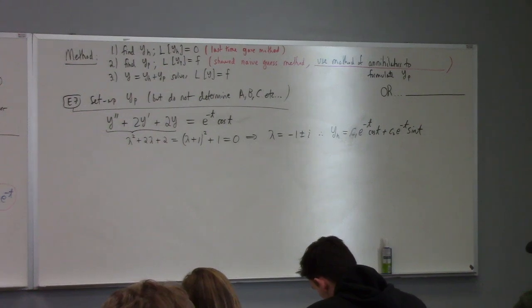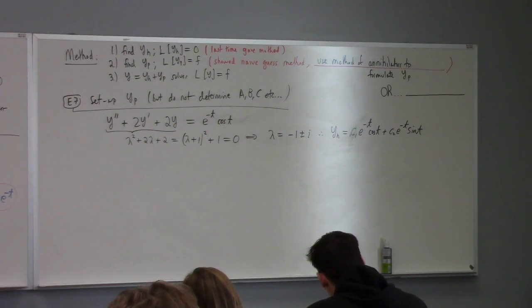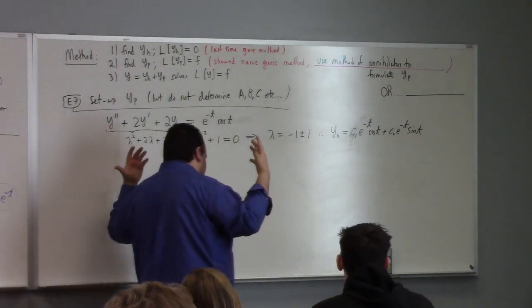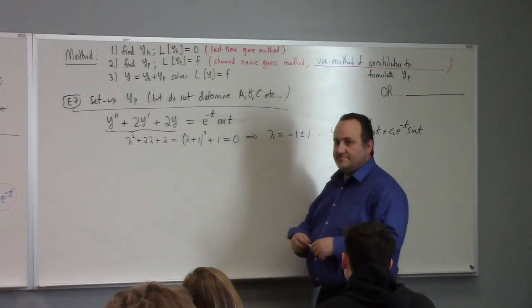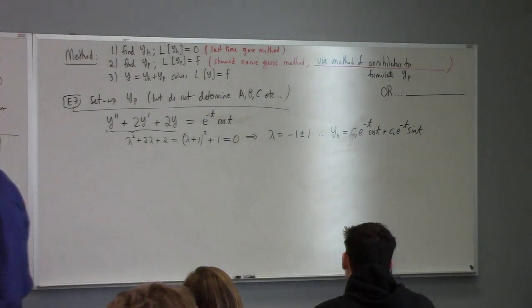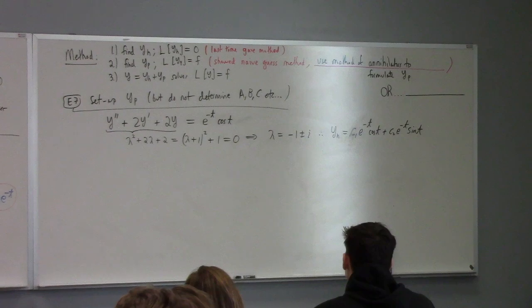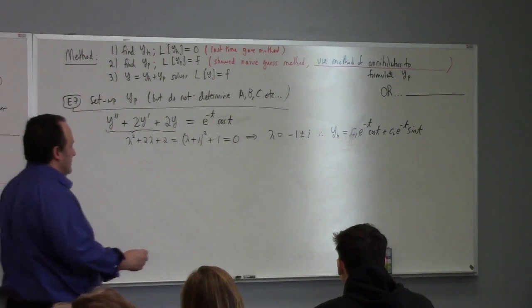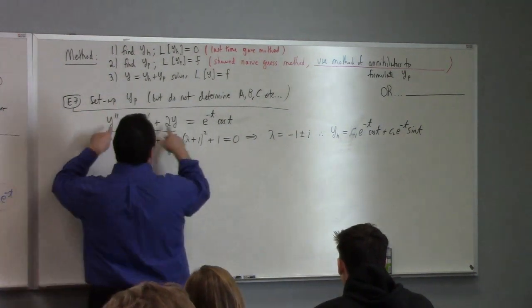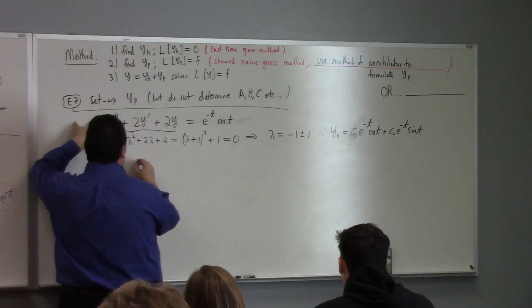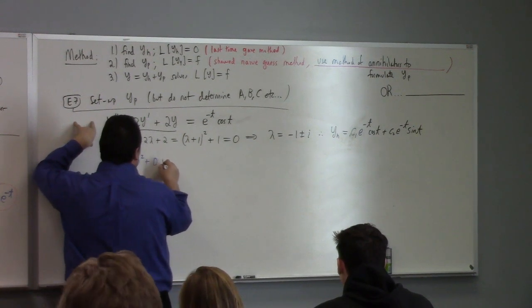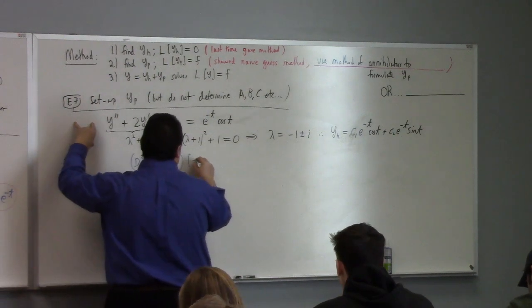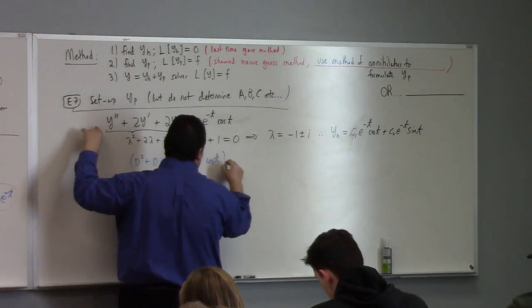This is the place, again, where the naive method is going to fail. So how do we annihilate? The funny thing is that the annihilator of the forcing function is right in front of you, staring you in the face. It's right here: D squared plus 2D plus 2 acting on e to the minus t cosine t is 0, isn't it?